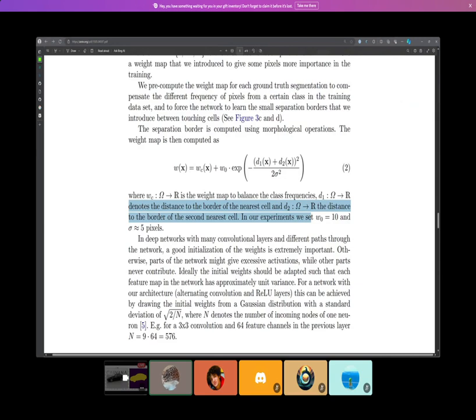In our experiments, we set the initial weight to 10, and sigma is approximately 5 pixels.